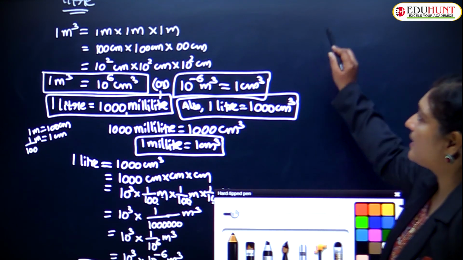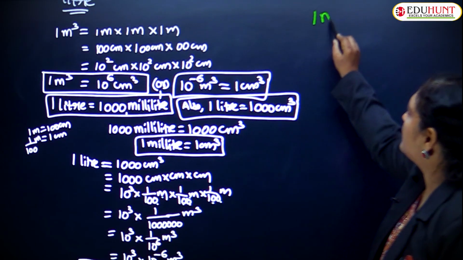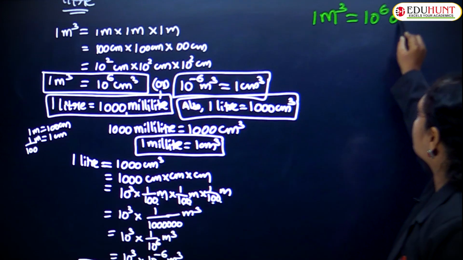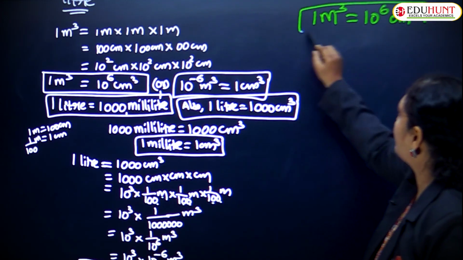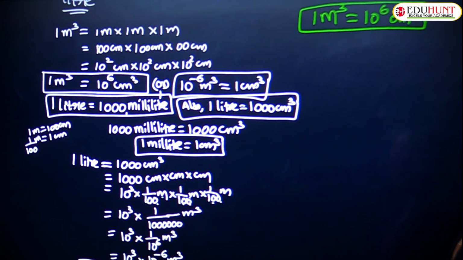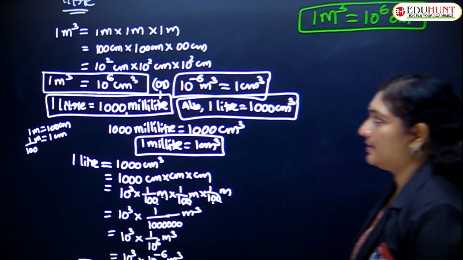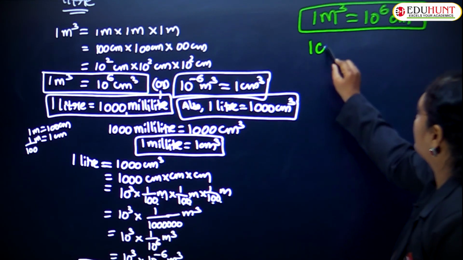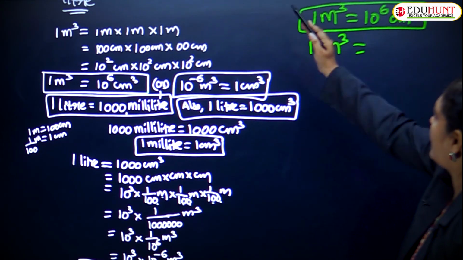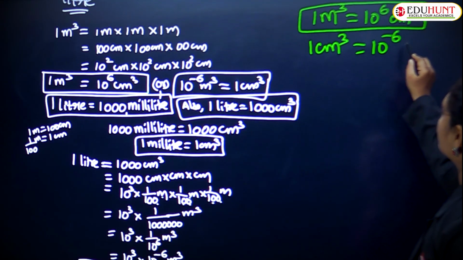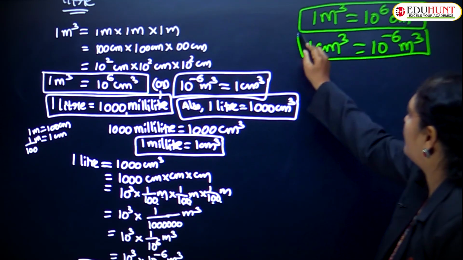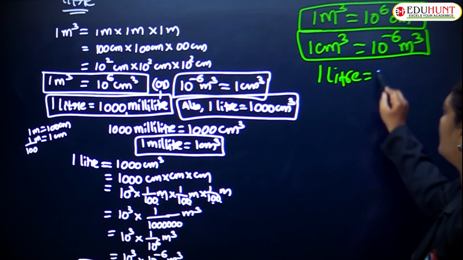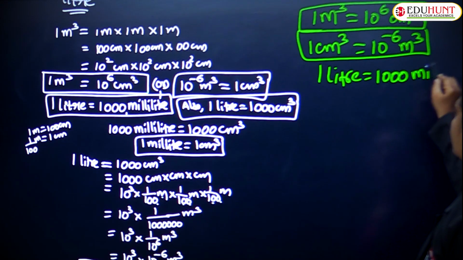And regarding the conversions, 1 meter cube is equal to 10 power 6 centimeter cube. Next, 1 centimeter cube is equal to 10 power minus 6 meter cube. One more formula: 1 liter is equal to 1000 milliliters.